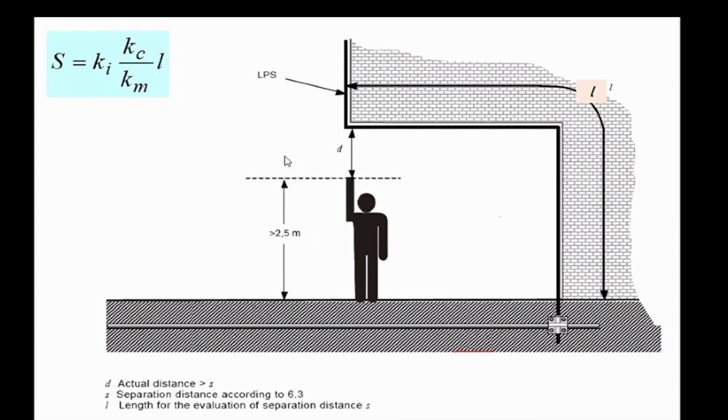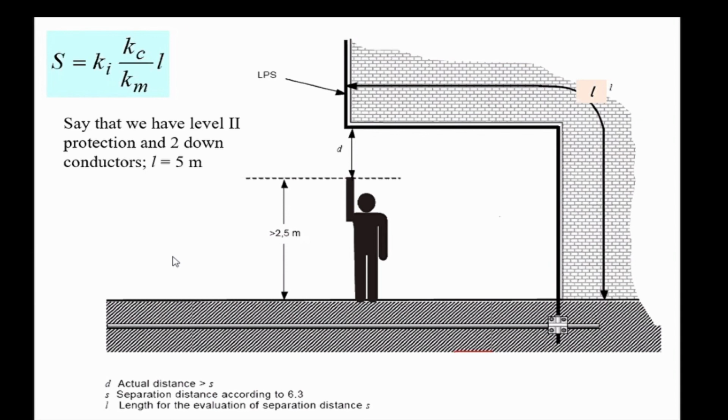Let me take an example. Say that we have level 2 protection and 2 down conductors. When we measure the length between the 2 points, we get simple L equals 5 meters. If you go to the tables now, you will get Ki is 0.06, Kc is 0.66 for 2 conductors, and Km equals 1 because it is air in between the 2 points.